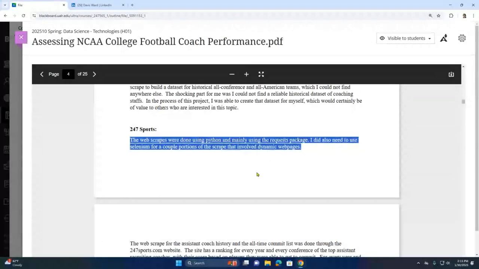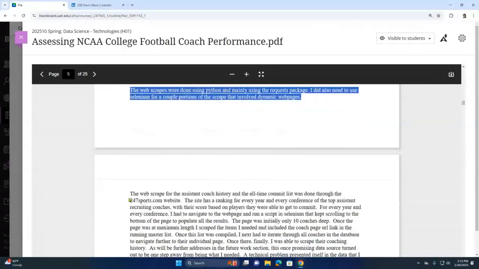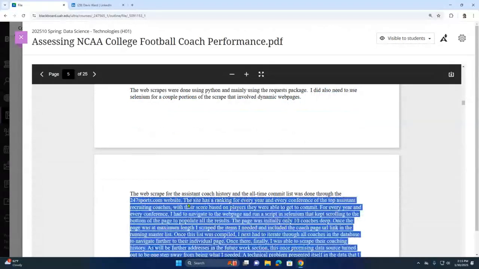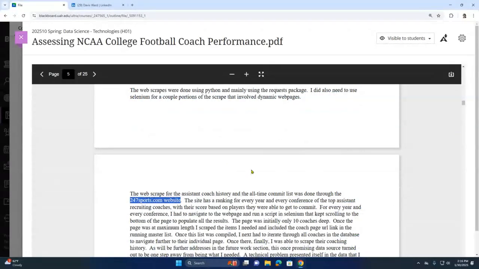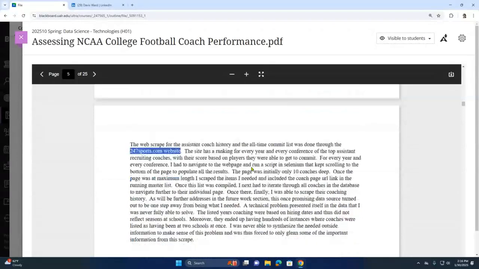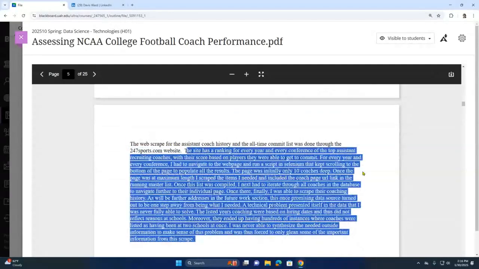And as they say, he used a variety of methods to do the web scraping. I think his favorite site to web scrape was 247sports.com, because it had a lot of information. Here's a case where this site had a lot of good ranking information and a lot of good history, but they did not have an API, so you could not request this data and get a nice listing, an array of data.